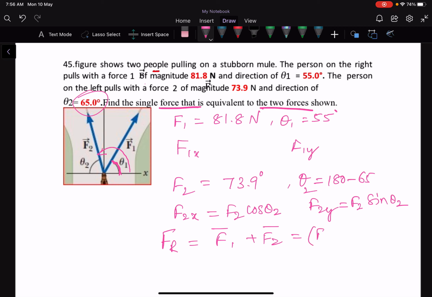F1 is F1x i plus F1y j, plus F2 in vector form is F2x i plus F2y j. Using this you will get the resultant force.